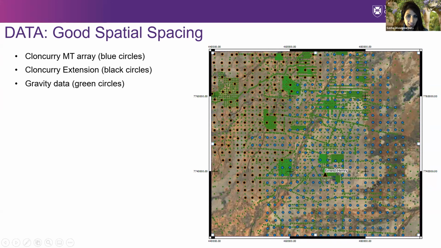I think it's a very good data set to use for joint inversion. And I can tell you a bit more later how these things come together, basically the station spacing, for example, and other things that are important.